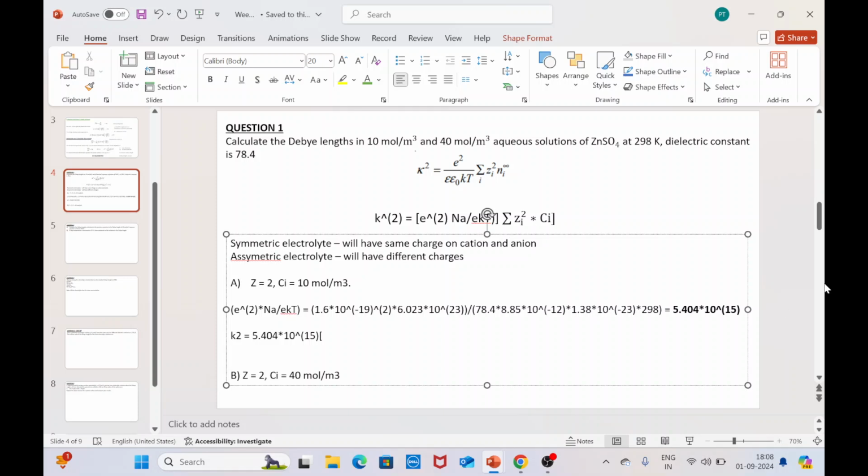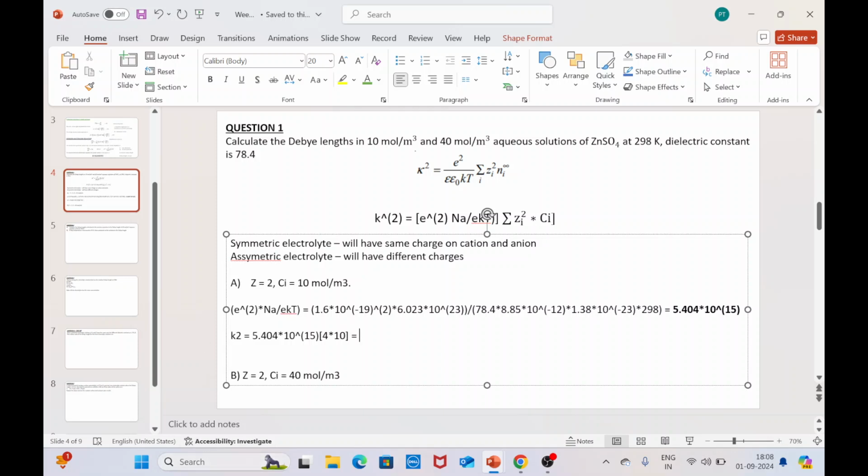Now we have the summation of Zi square times Ci. You need to take care of both the ions, so the contribution comes from both zinc 2 plus as well as SO4 2 minus. So this will be 4 times Ci, and Ci is nothing but 10.